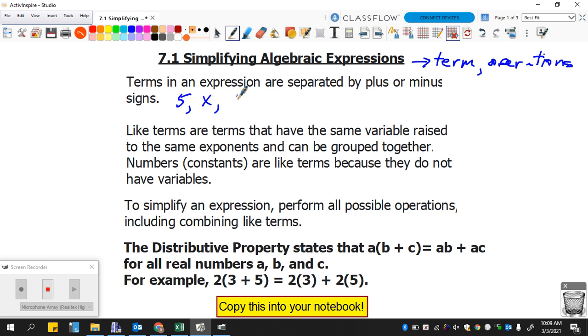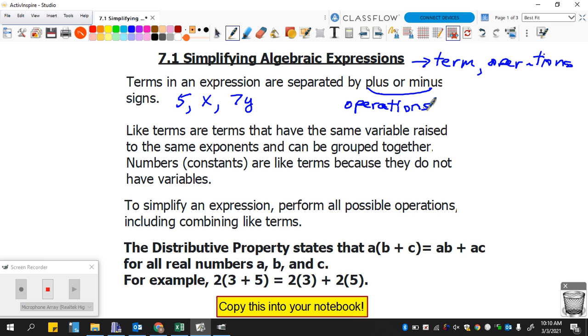And 7y is a term. And then sometimes the plus or minus, these are called the operations, and operations are simply add, subtract, multiply, or divide, okay?